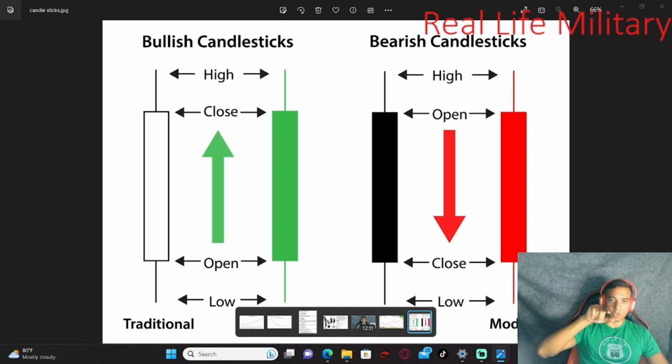So on the bearish candle where it says open, it's going to be right there. But if it goes higher to where it says high on the bearish candlestick, it'll look green until it comes below where it says open on that red candlestick, and it'll start making a red bar with a red wick at the top.